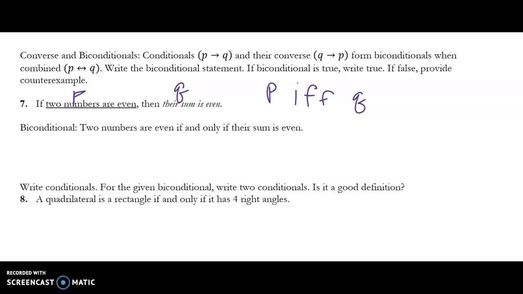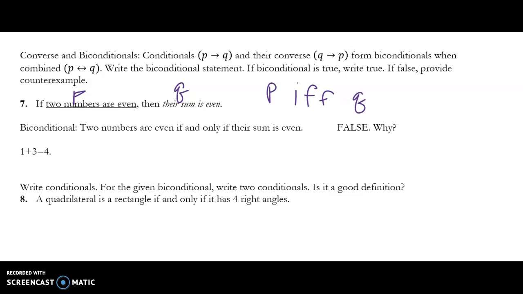Okay? So what that means is that if the sum of two numbers is even, then the two numbers would be even. If the two numbers are even, then their sum would be even. Seems like that's a pretty reasonable statement, but I'm going to tell you this is false. Why? We need to think of two numbers that are not even, that add up to an even number. 1 plus 3 equals 4.